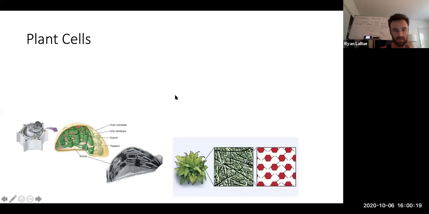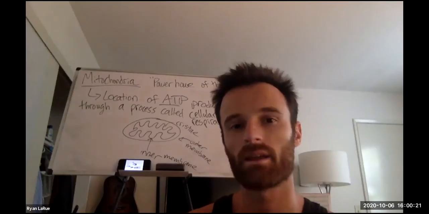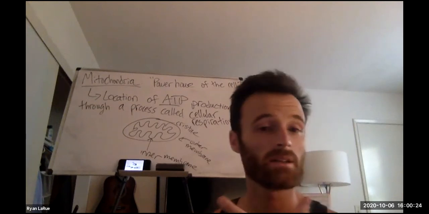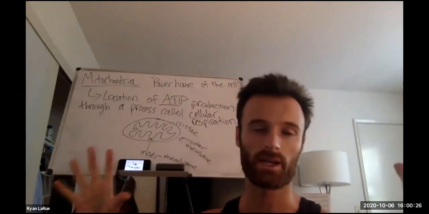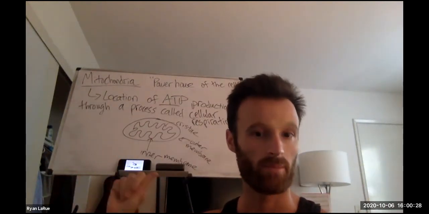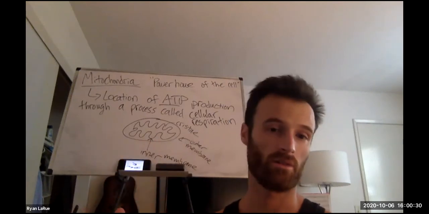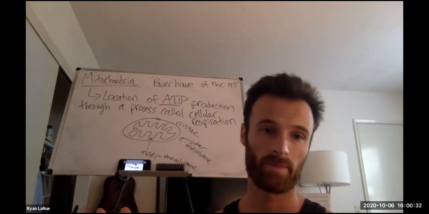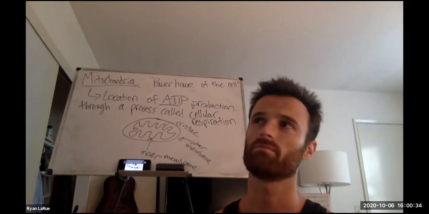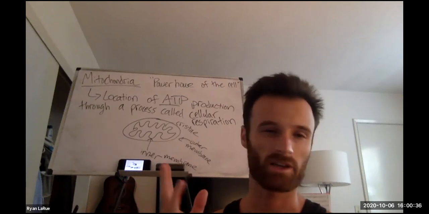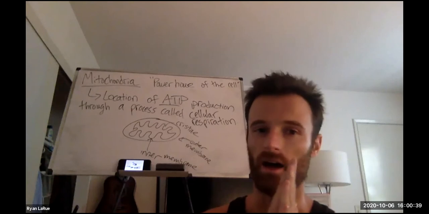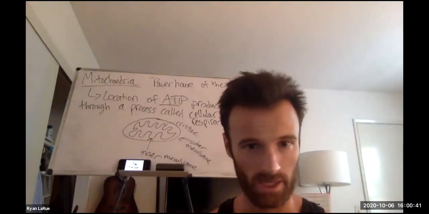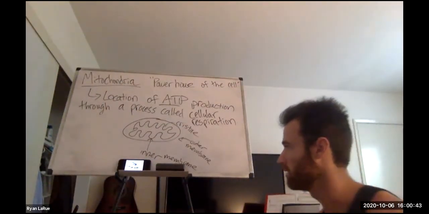So plant cells, actually, interestingly enough, have all of these organelles that we just talked about, but they actually have 3 additional organelles. Well, 2. One of them is a structure that's additional on top of all of these. So let's talk about those.